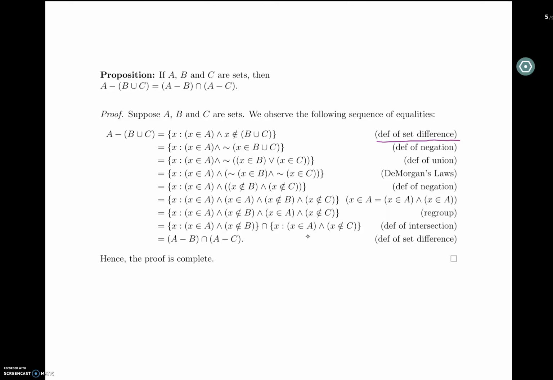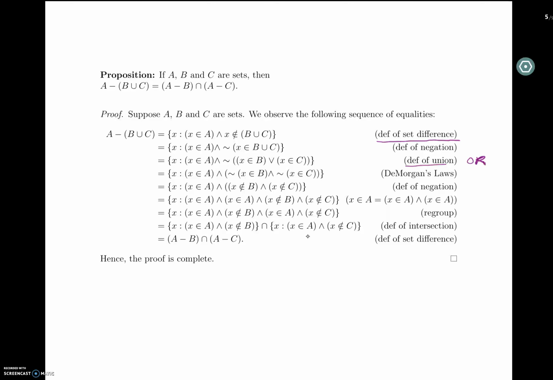Then we're going to use the negation of a statement to rewrite that as X such that X is an element of A and not (X is an element of B union C). So now the definition of union comes into play. Definition of union, remember, union is an or statement. So we get that X such that X is an element of A and not (X is an element of B or X is an element of C).